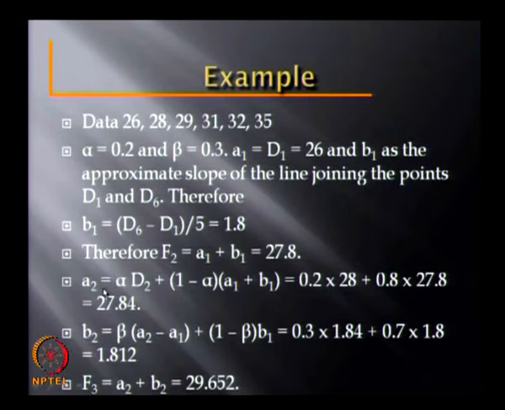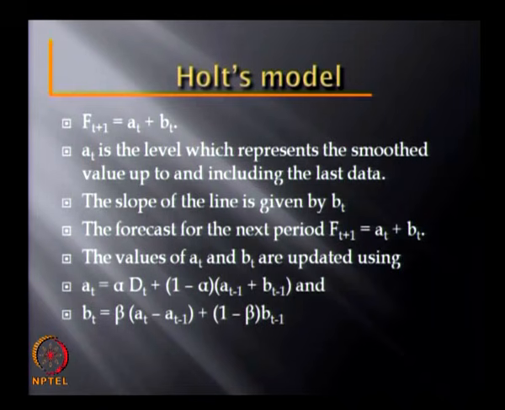Now we need to find out A2 by our previous equation. A(t) is alpha D(t) plus 1 minus alpha times A(t minus 1) plus B(t minus 1). So, A2 will be alpha D2 plus 1 minus alpha into A1 plus B1.